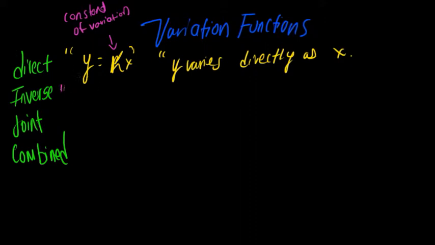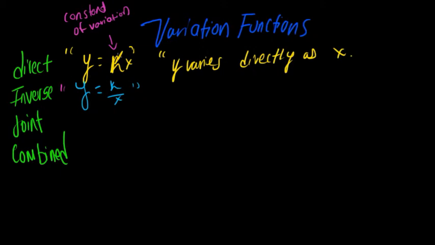Now let's talk about what inverse variation is, and we'll do some examples. Inverse variation says y varies inversely as x. If we say that y varies inversely as x, we're basically saying that as y is increasing, x is decreasing, or as x is increasing, y is decreasing.